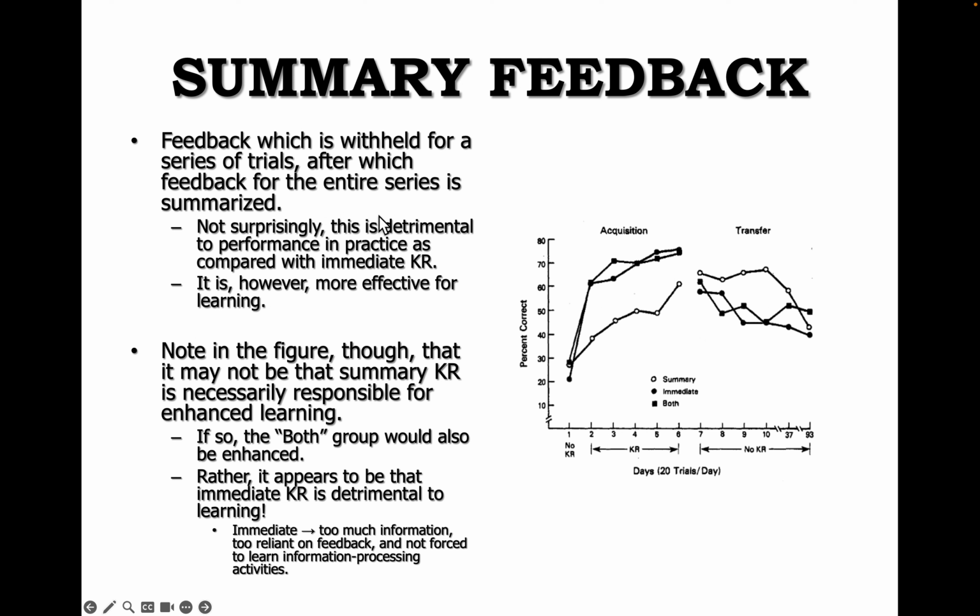So with summary feedback, performance during the game was not as good, because if they were told how well they were shooting during the game, they probably would have made changes to their skills during the game to get better. So during the game, summary feedback is less effective than giving immediate knowledge of results feedback after every shot.